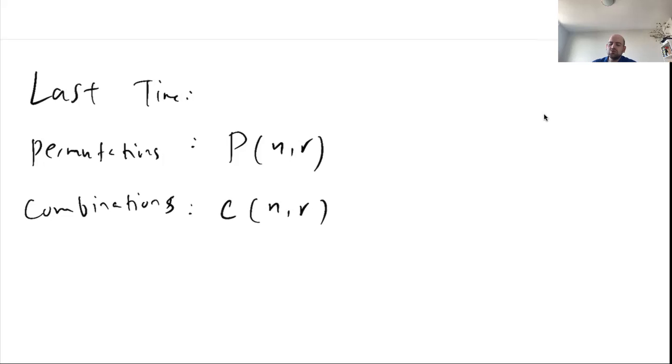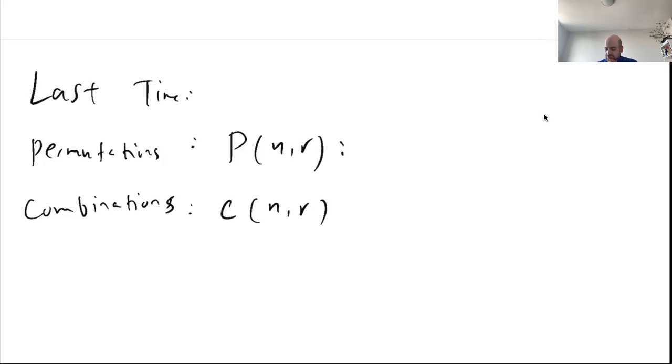But in combinations, order is not relevant. For example, if I want to choose 2 people out of 15 people, and both are going to be TA, so none of them is head TA or anything else, the same role, then it doesn't matter which one is the first person and which one is the second, because in any case, they will be just TA, the same role.